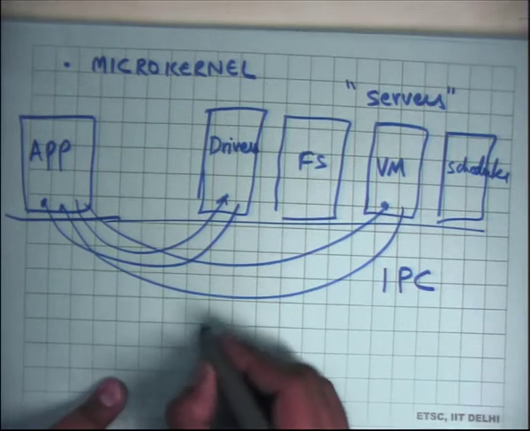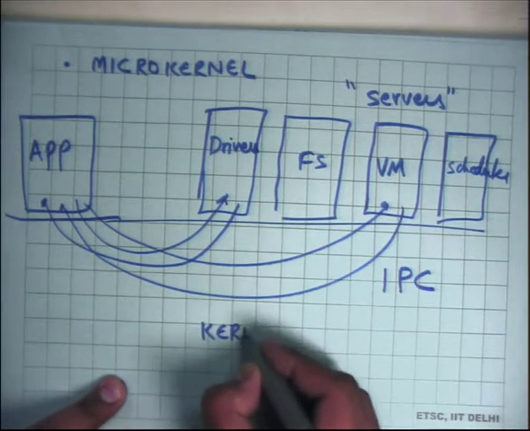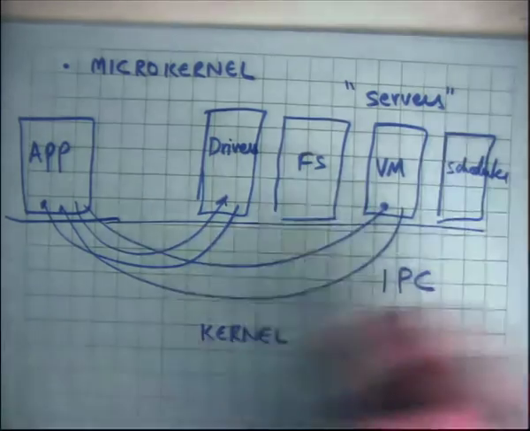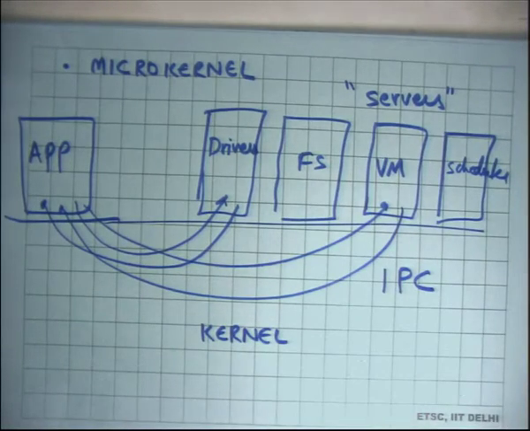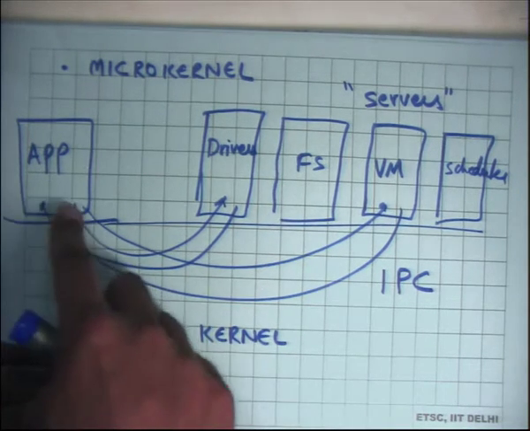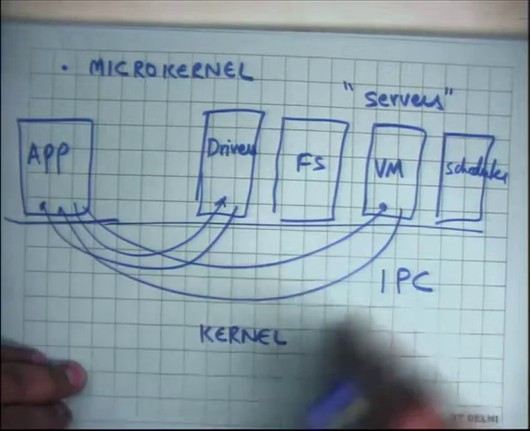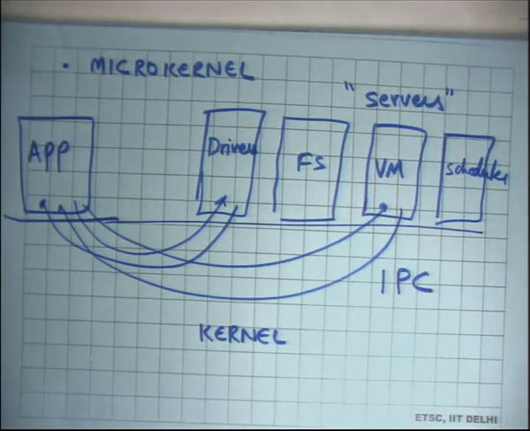And so the kernel becomes really thin. All these different servers that were present as part of the kernel in the monolithic model are no longer part of the kernel. So the kernel becomes really thin. All the kernel needs to do is implement abstractions that allow inter-process communication. For example, it can just implement pipes and be done with it. Okay, and then there are all these different modules that are running all these different servers. So that's a microkernel.